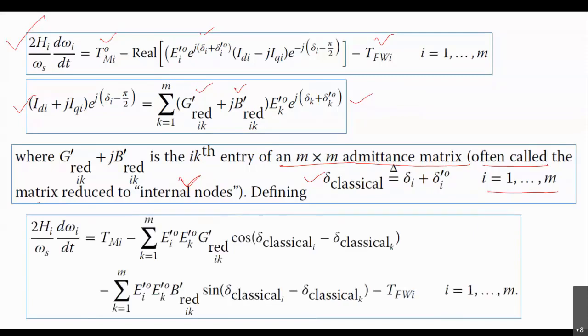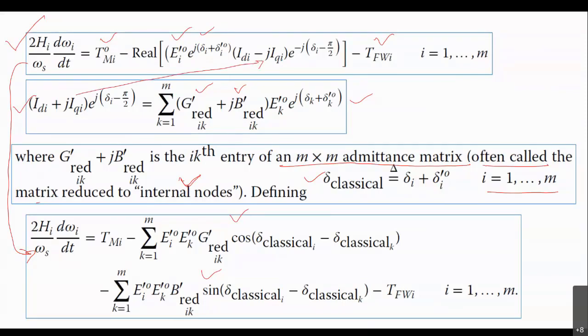So then we can write the final expression of this equation in this form, that is 2Hi by omega s d omega i by dt equal to TMi, and the expression for this can be written in this form by substituting the current expression here, and we find the final expression.